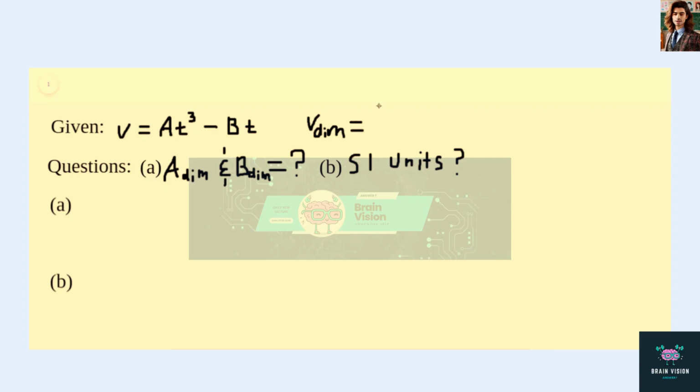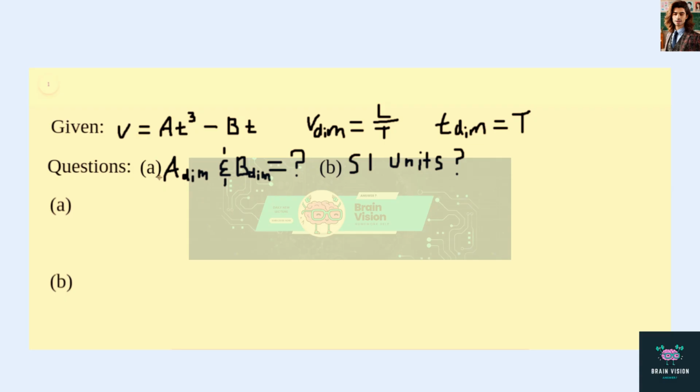So v dimension is equal to distance, which a lot of people denote as L, divided by time. L over t, okay? And then obviously the dimensions of time is just time, so it's going to be t.